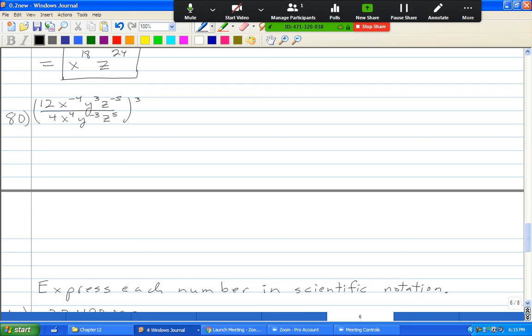Let me do problem number 80. So first, let me simplify things. So 12 divided by 4 is 3. Let me bring this negative exponent up and this negative exponent down.